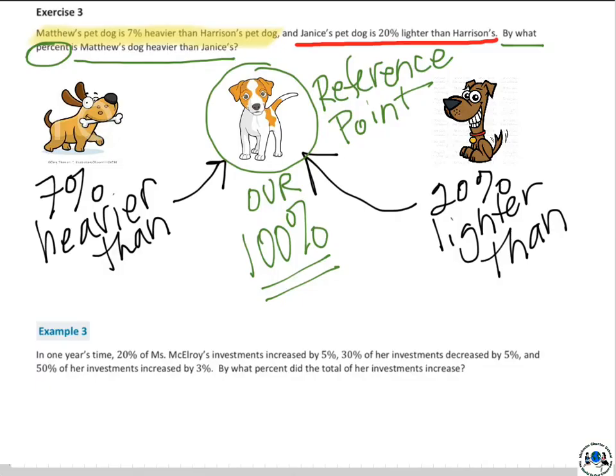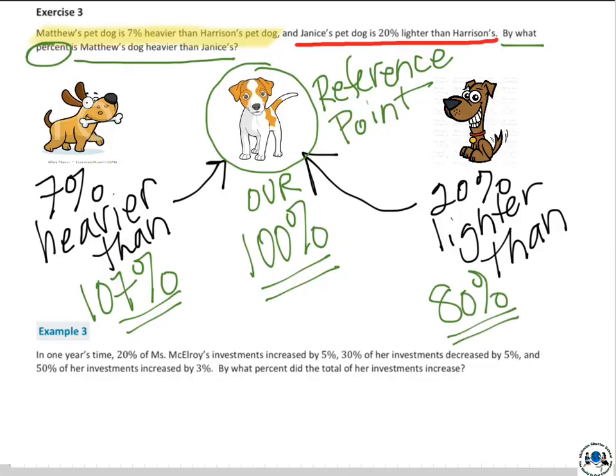And if we do exactly the same problem as last time, we have Matthew's dog representing 107% because we are comparing it to Harrison's dog, our point of reference, and then Janice's dog is going to be 80% because that's how it compares to our reference point.